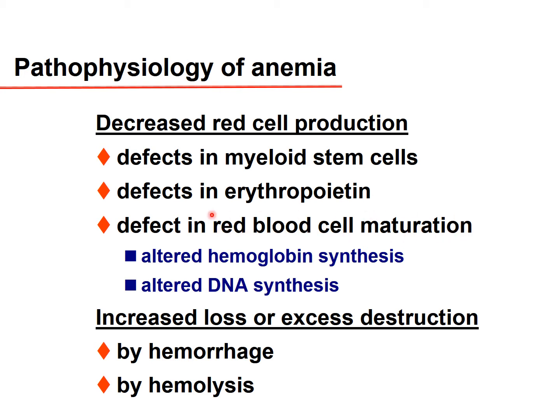Red blood cell maturation problems can mean altered hemoglobin synthesis or altered DNA synthesis. Another possibility leading to a decreased red blood cell count is increased loss or excess destruction of the red blood cells. That can be due to losing the red blood cells, for example bleeding out, that's a hemorrhage, or when the red blood cells are destroyed, that is hemolysis.